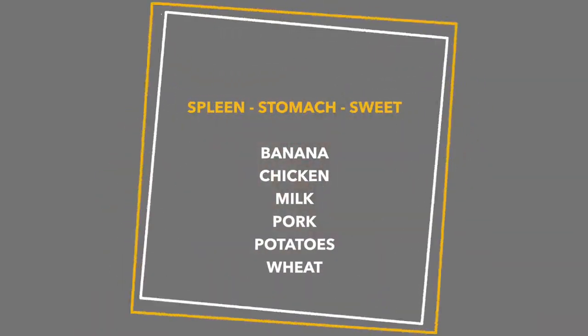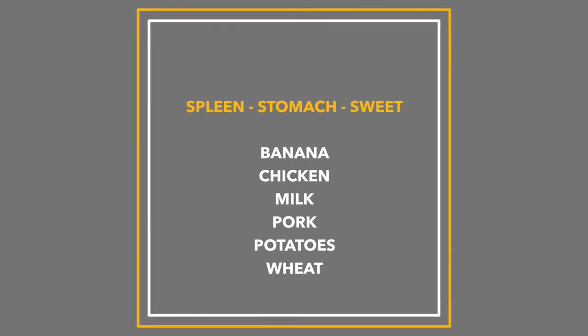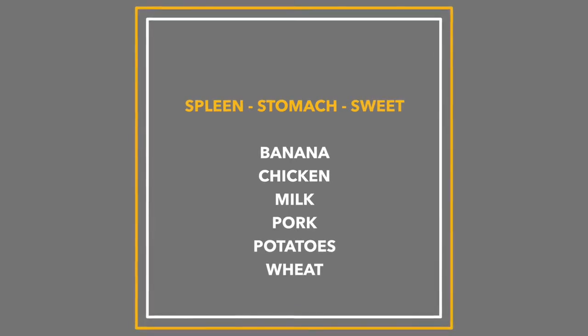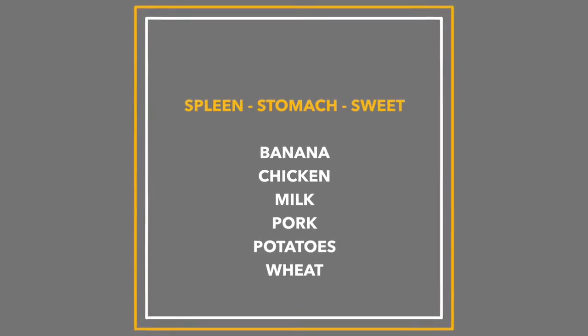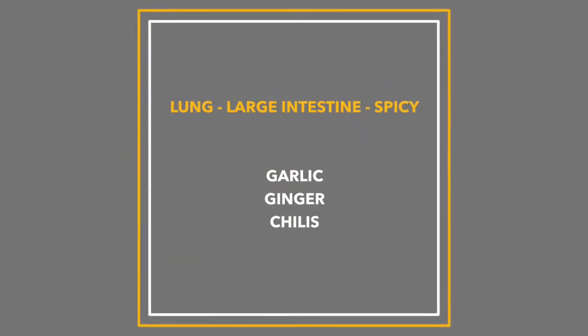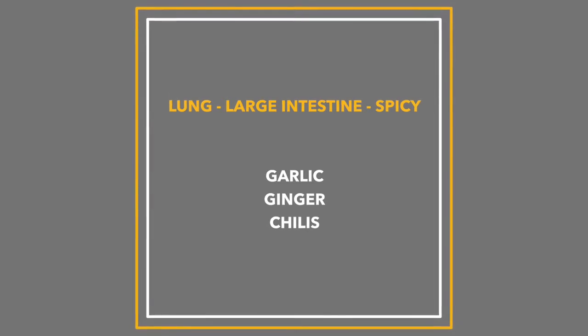So now when we expand this a little bit and we associate certain flavors and foods with certain organ systems, this is what this begins to look like. You have the spleen and the stomach, which are associated with sweet and are also associated with bananas, chicken, milk, pork, potatoes, and wheat. The lung and large intestine are associated with spicy or acrid and are associated with things like garlic, ginger, or chilies.